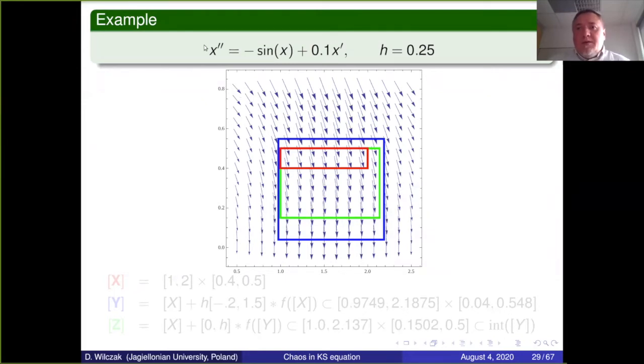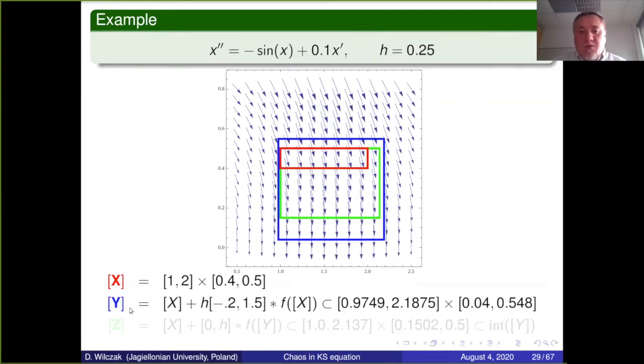Consider this very easy planar system, and we can set this particular time step, and our red set is our set of initial conditions, and then we guess set Y as our candidate for rough enclosure.